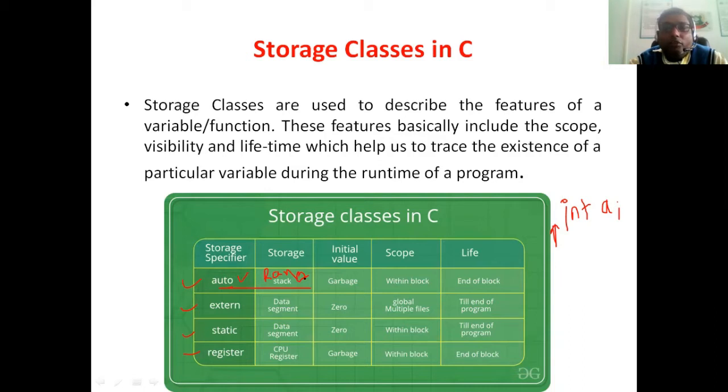Now the next point is what initial value will be stored by that variable. In the automatic storage class, the initial value contained by the variable is garbage. Every automatic variable will store a garbage value, which is unformatted values already available in that particular memory location. So a holds a garbage value, and it gets its allocation in RAM.